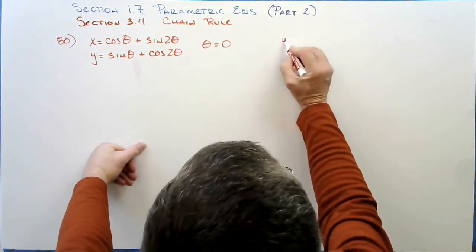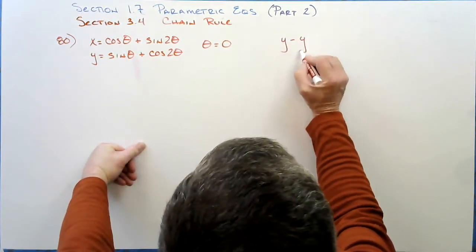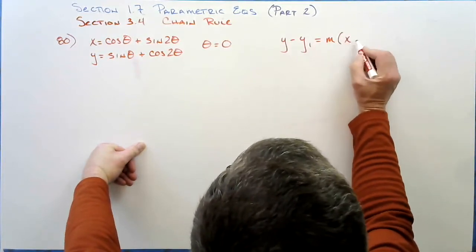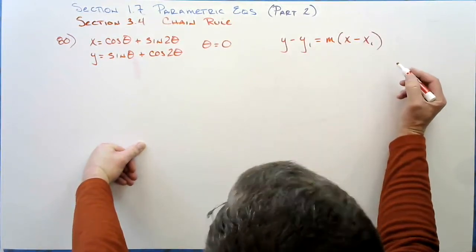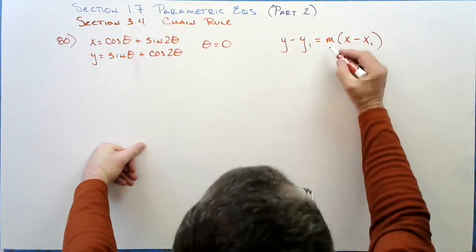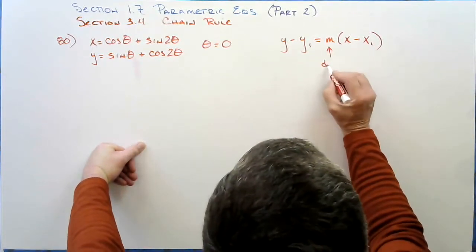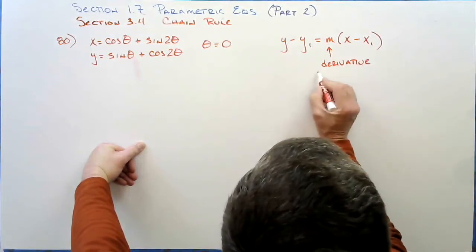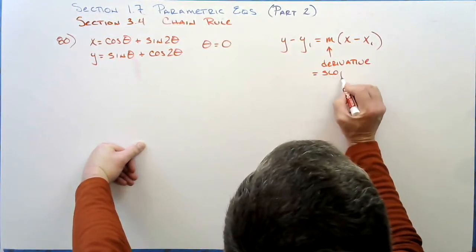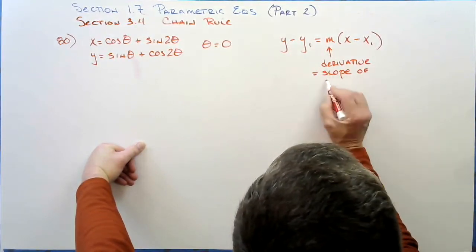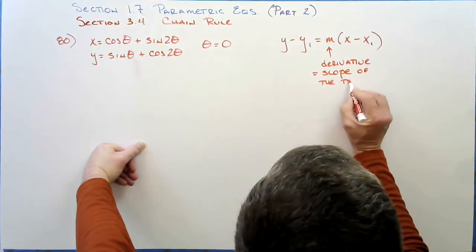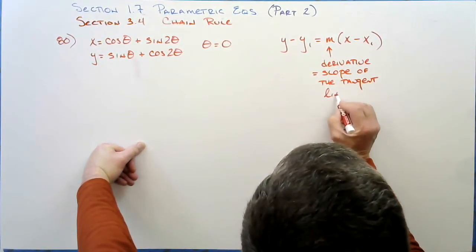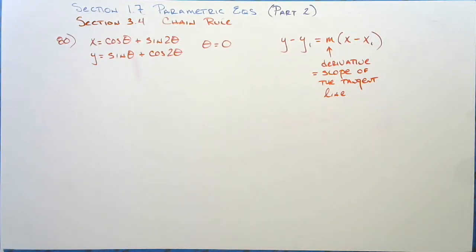Now we know from Calc 1 that the equation of the tangent line is y minus y1 equals m times x minus x1. This is our friend, the point slope formula. And in place of m here, of course, we need the derivative, because the derivative equals the slope of the tangent line. So the first thing we're going to have to do here is find the derivative.